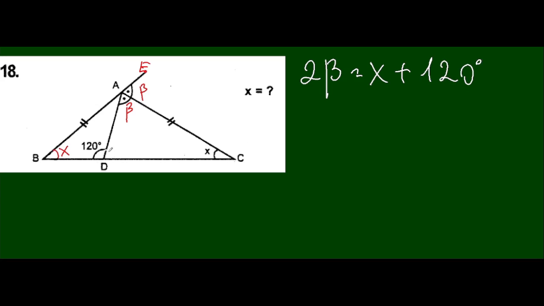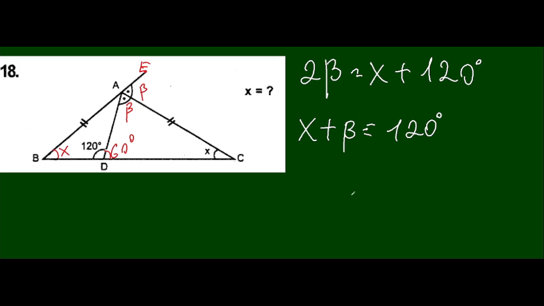And this angle is here 60 degrees. We can find out from the sum of the interior angles, x plus beta will equal 120 degrees.